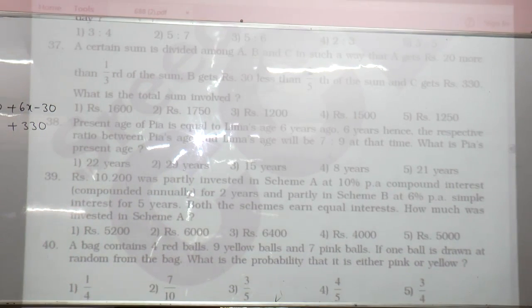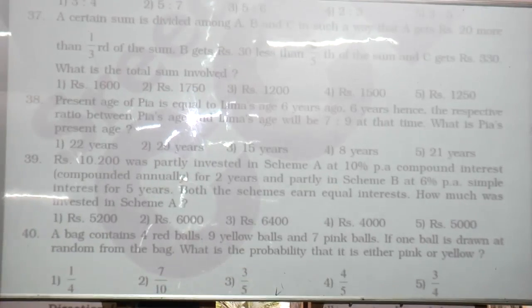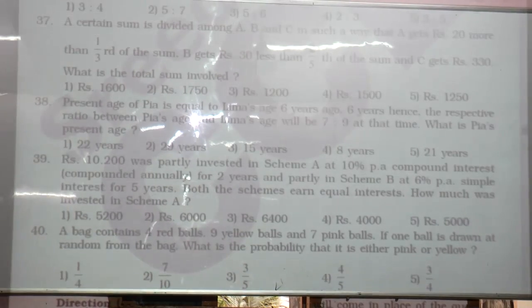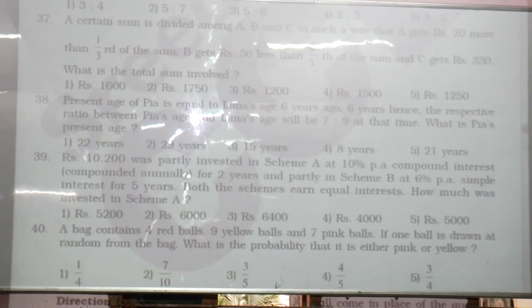Next, 38. The percentage of pi is equal to Lima's age 6 years ago. So what is the meaning of that statement? The age difference between pi and Lima is 6 years. When was that? Always. Anytime their age difference should be equal to 6 years.